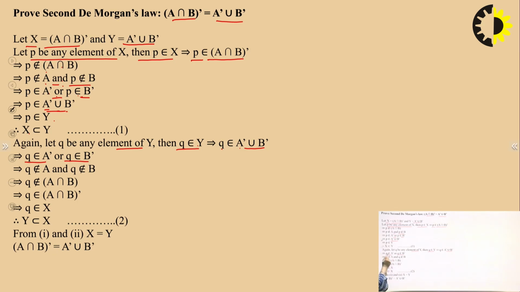Now this means Q does not belong to A, and or is converted into and, Q does not belong to B. That means we have taken common, and is converted into intersection, Q does not belong to A intersection B. That means Q belongs to (A intersection B)'s complement, which is equal to x. So y is a subset of x.